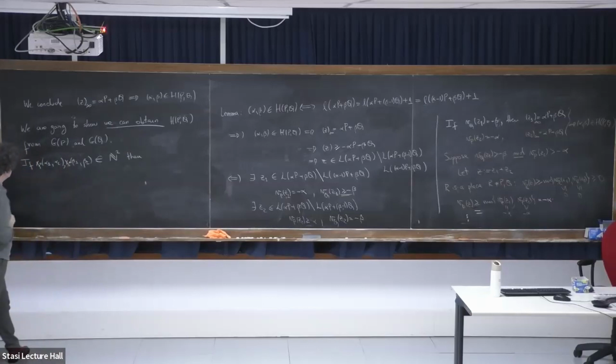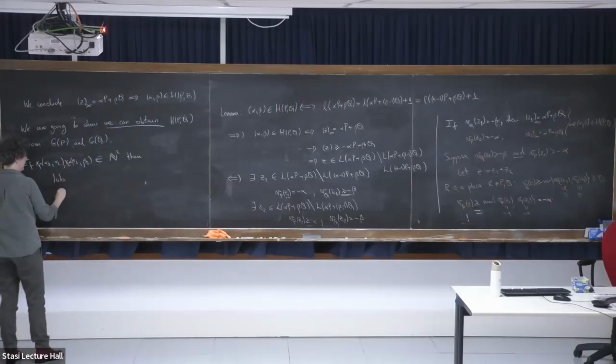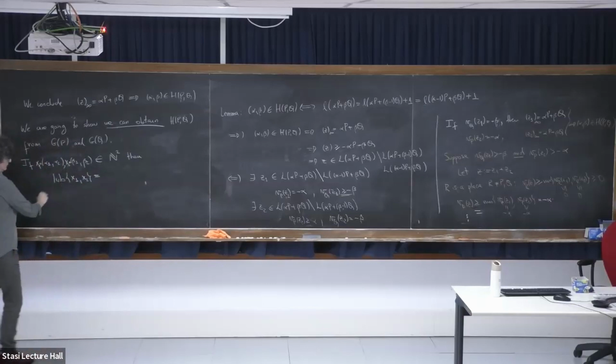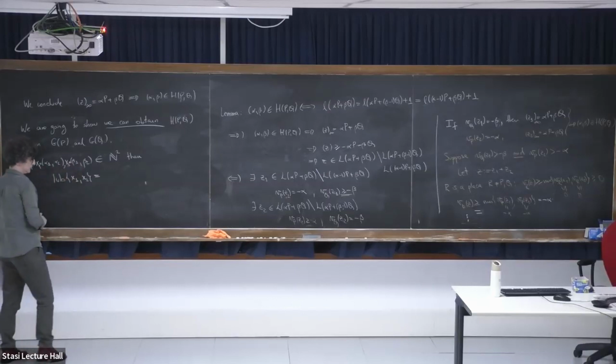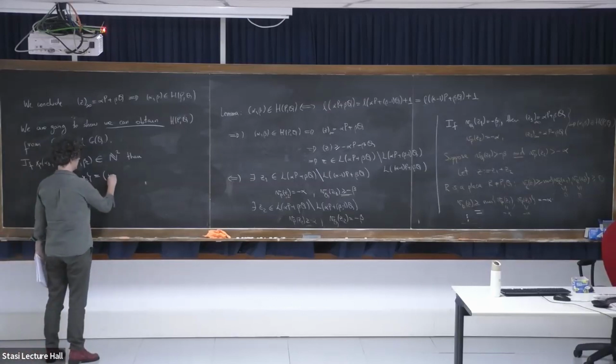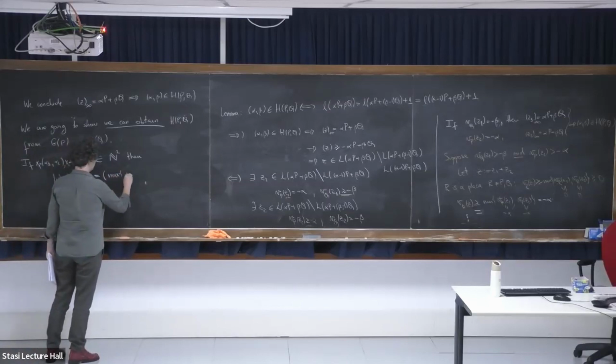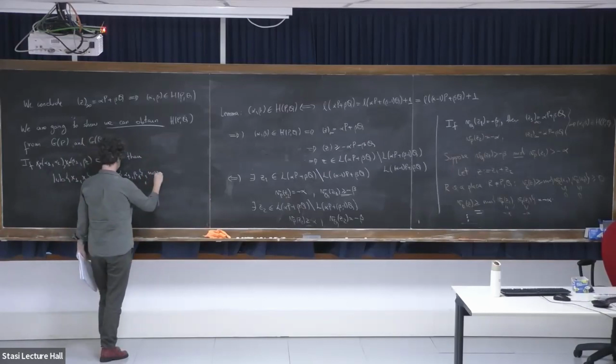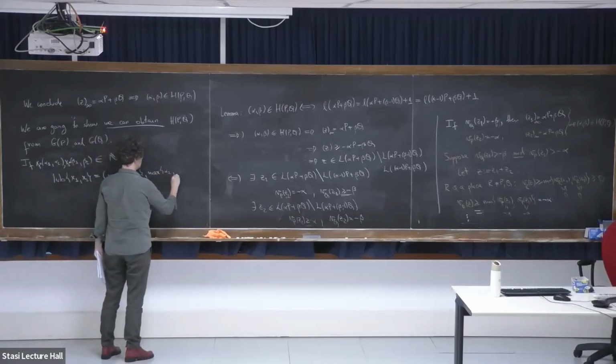Then we define the LUB of these two vectors. This is the least upper bound. What is it going to be? In each coordinate, you take the maximum. So this is a vector where the first coordinate is the maximum between alpha 1 and beta 1, and the second is the maximum between alpha 2 and beta 2.